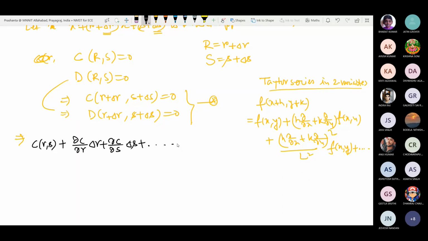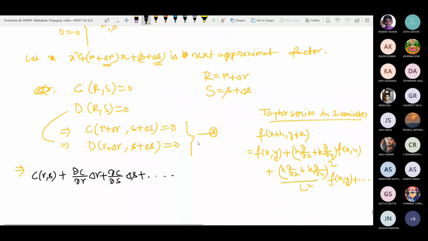So if delta r and delta s are small, we'll be neglecting them, because anyway our aim is to solve for delta r and delta s. If we keep the higher order terms, we'll again get a very complicated equation in delta r and delta s, and we will not be able to solve it. So to get the next approximate factor, we'll be neglecting the higher powers of delta r and delta s, so that we get a system of linear equations from non-linear ones.